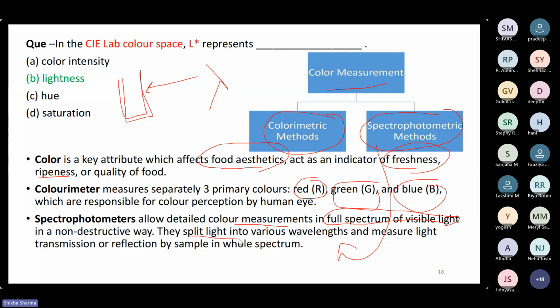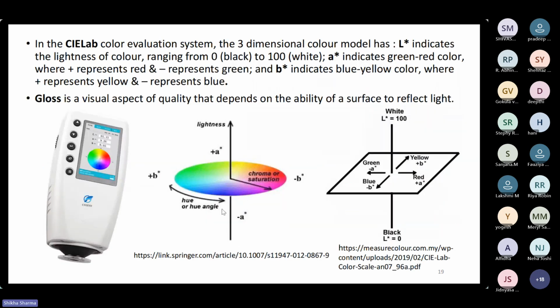They split light into various wavelengths and measure light transmission or reflection by the sample in the whole spectrum. In the CIE Lab color evaluation system, we have three dimensions: L star, which indicates the lightness of the color, ranging from 0, which is black, to 100, which is white.